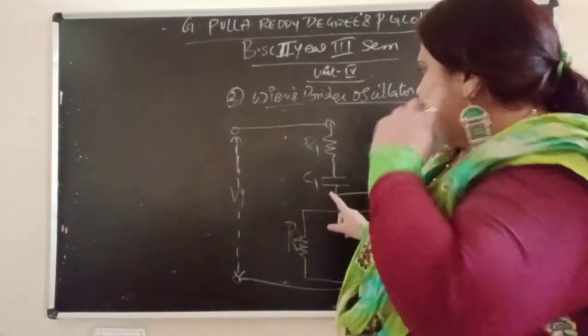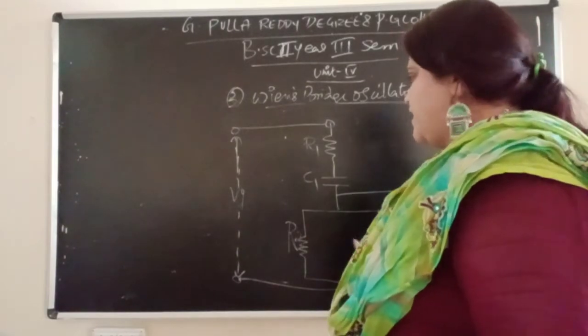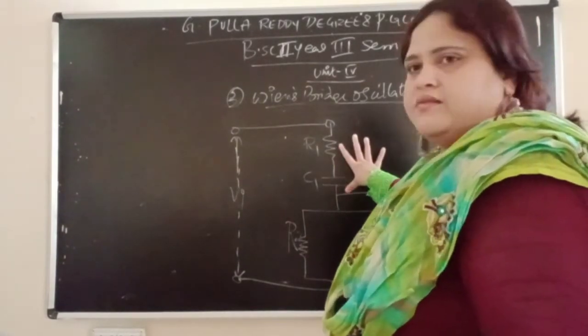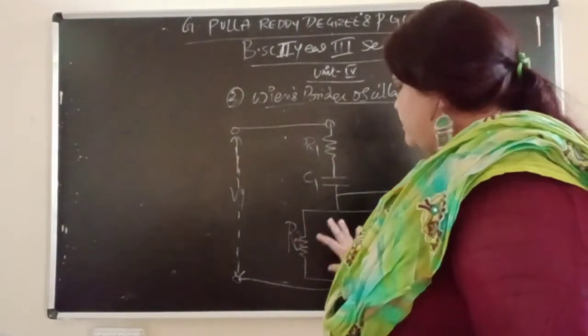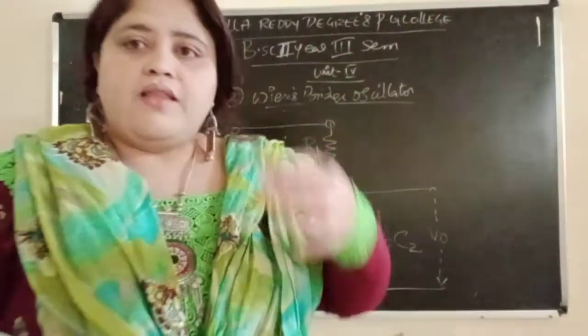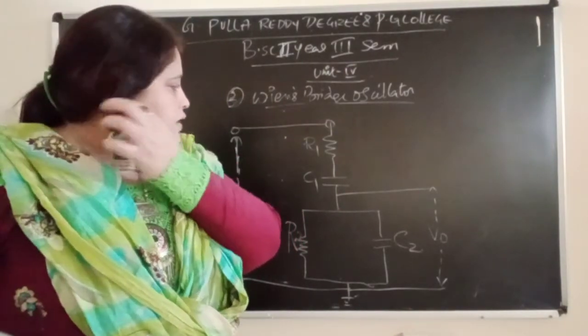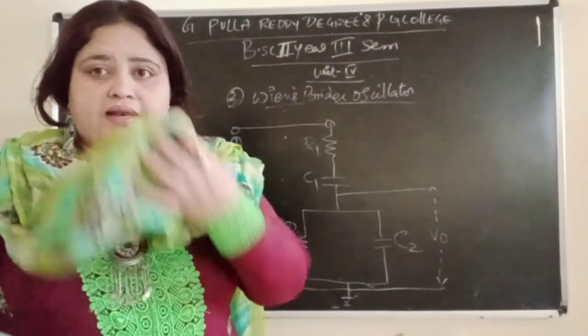The upper arm consists of a resistor and capacitor in series, and the lower arm consists of a resistor and capacitor in parallel. So the upper arm is series and the lower arm is parallel.